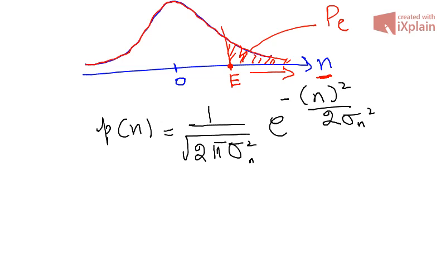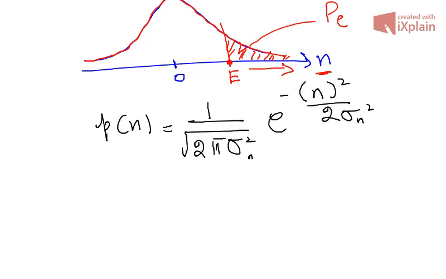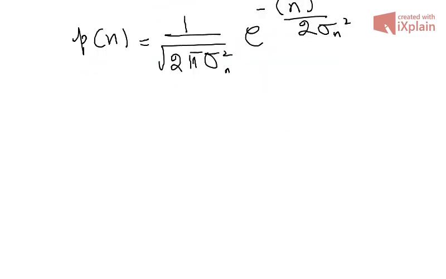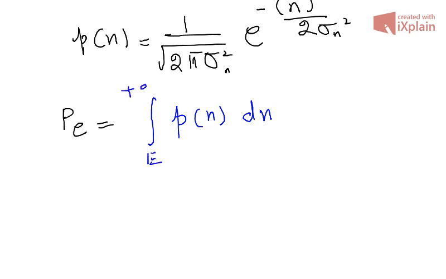We want to integrate this PDF from e to infinity. That would give us the probability of error for our receiver. So let's integrate this PDF. We are interested in the probability of error, which is the integral of p of n from e onward to plus infinity. This gives us the error probability.